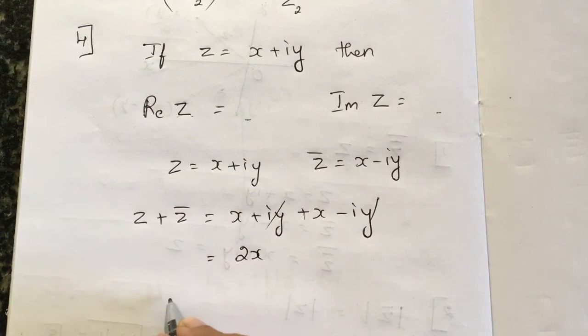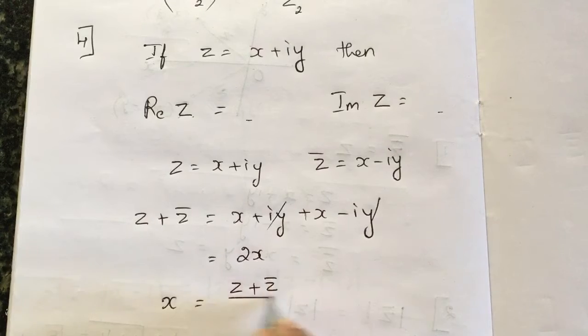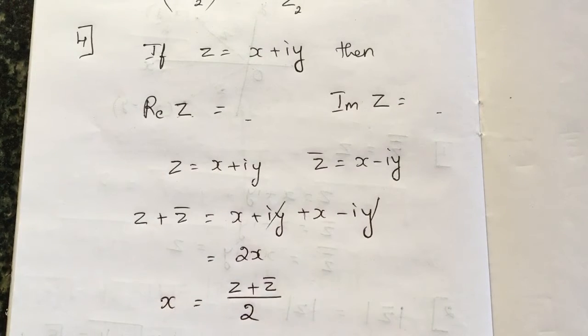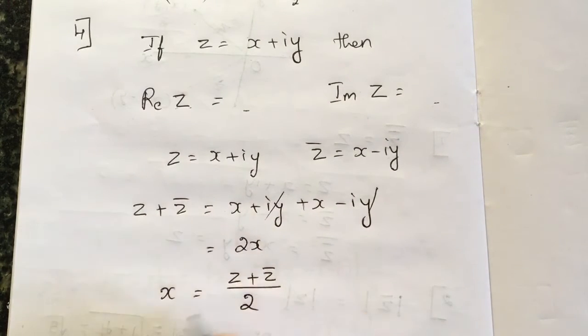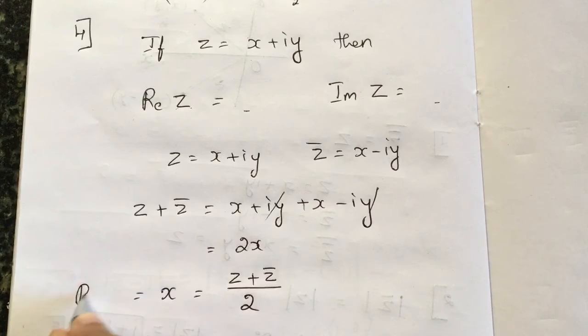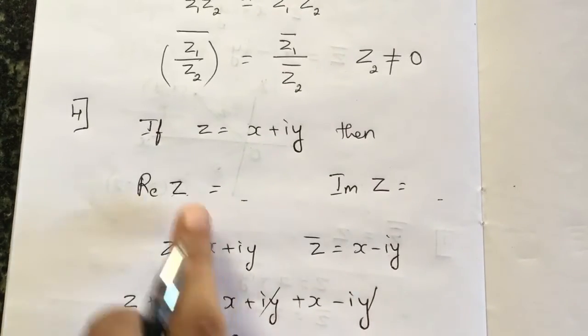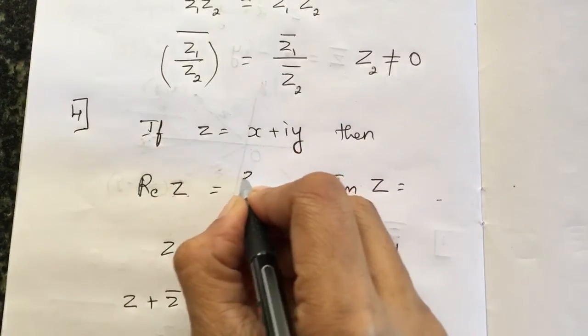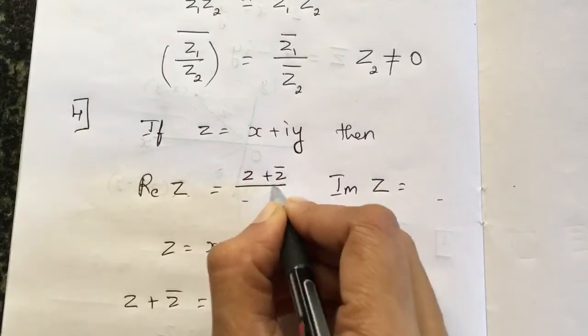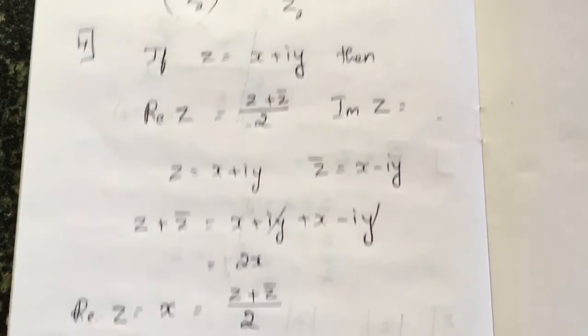Therefore, I can write x equal to z plus z bar by 2. In fact, this x is nothing but the real part of z. Therefore, I can write the real part of z as z plus z bar by 2.